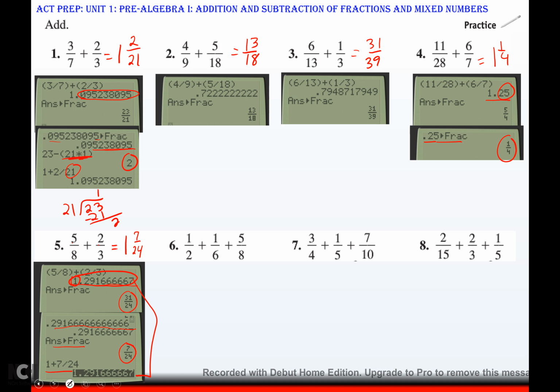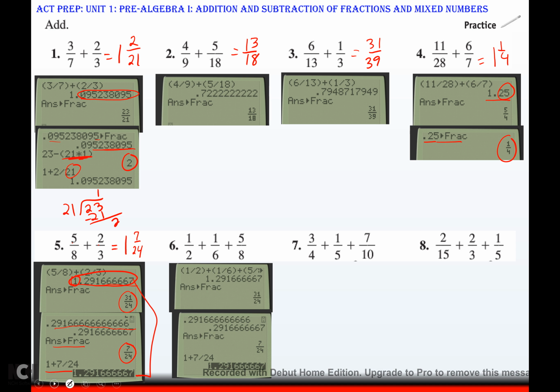Okay, try 6. And I got 31 over 24 once I math entered it, which is improper. So this tells me it goes 1 whole time plus 0.2916 repeating left over. So I type in 0.2916 repeating left over, and we just had that, and oh look, you get the same exact answer for these two. And 7/24 is left over.